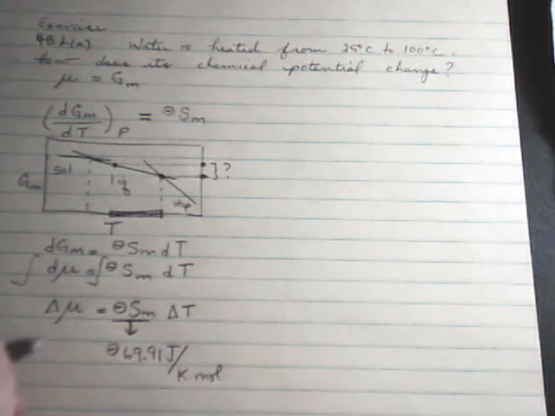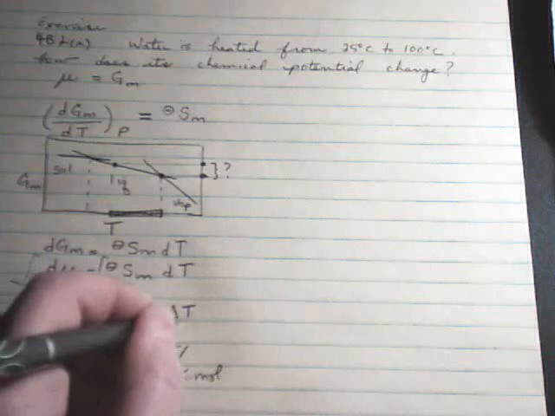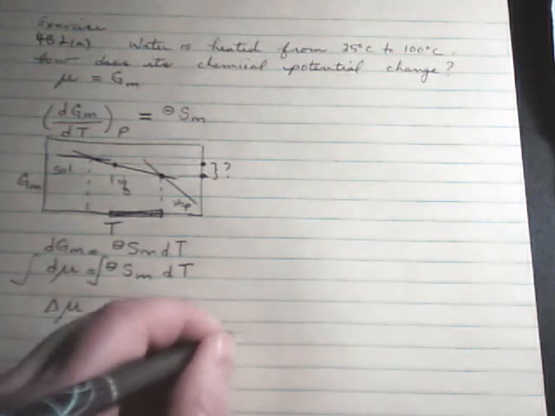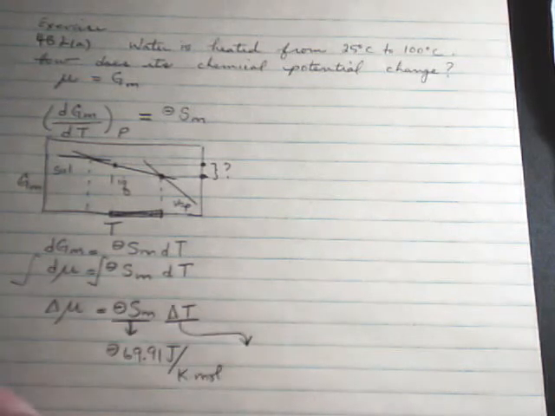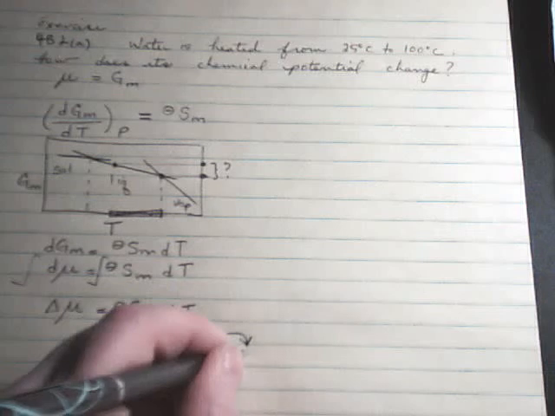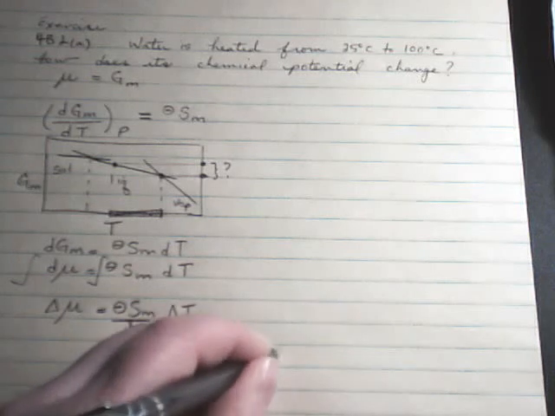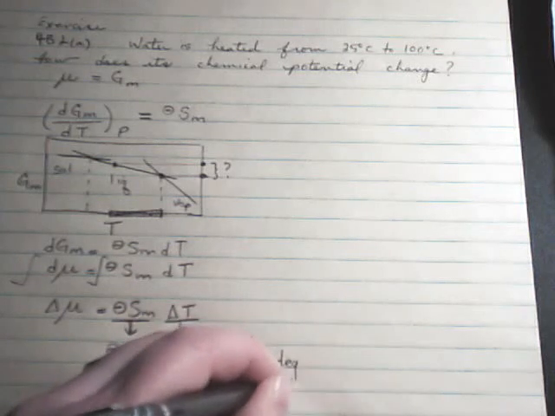And the delta T from 25 to 100, whether you leave it in Celsius or convert it to Kelvin, it's still going to be 75 degrees.